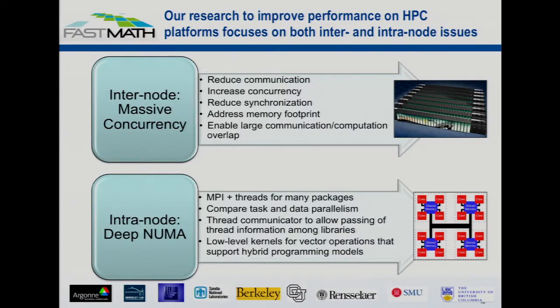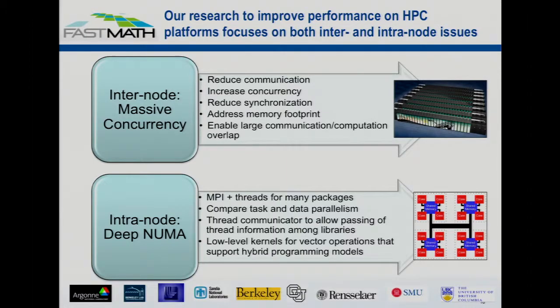One of the interesting things that we have found using mixed programming model, so that's MPI plus something, in our case it's typically OpenMP, is that that'll often reduce the memory footprint. So it may or may not give some of our algorithms an increase in performance compared to an all MPI code, but almost always it will reduce the memory footprint, sometimes by a factor of 5 or more.